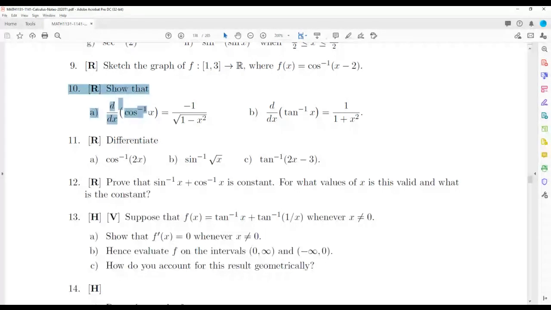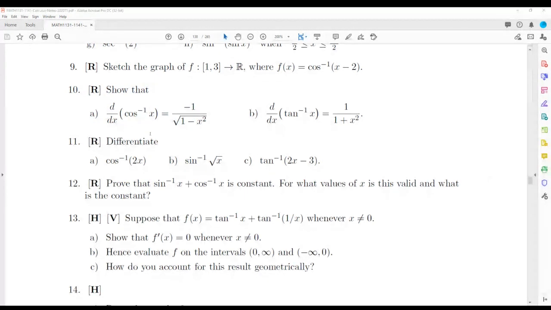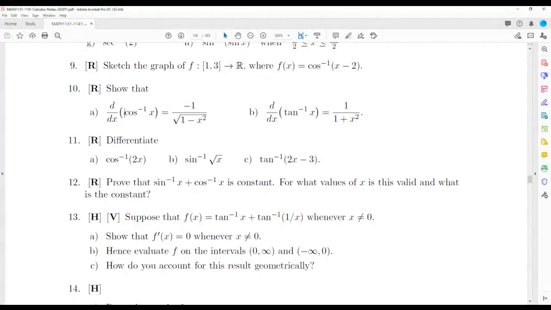Question 10. This is now combining calculus with inverse functions, okay? So how do we compute the derivative of the inverse of cos? Now, this part B might look familiar to you, but part A is probably less familiar.